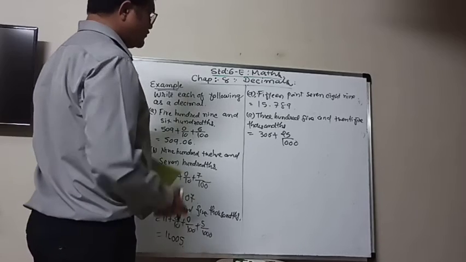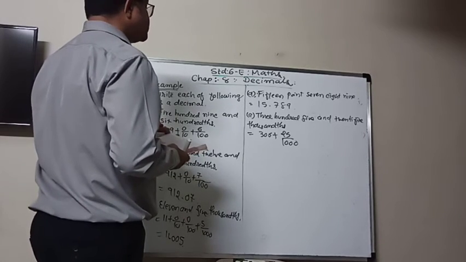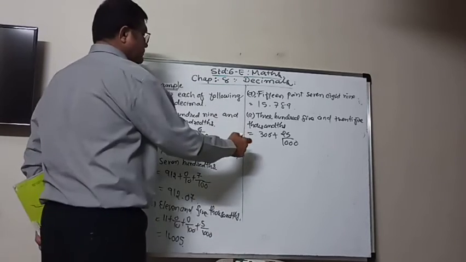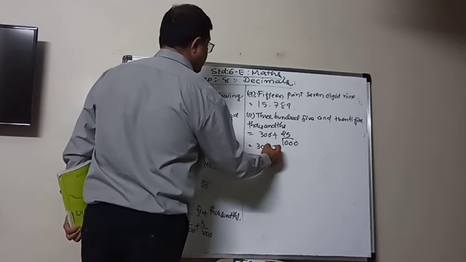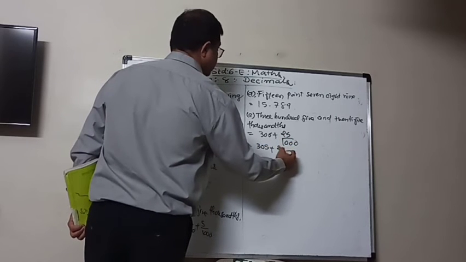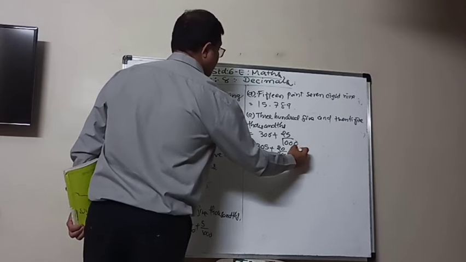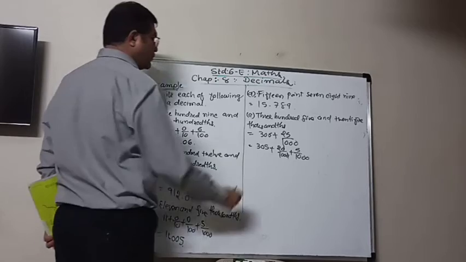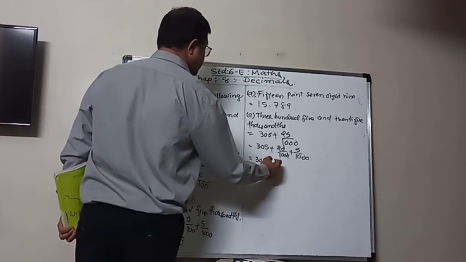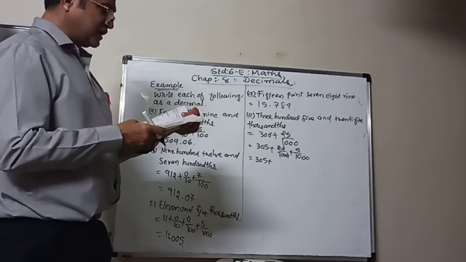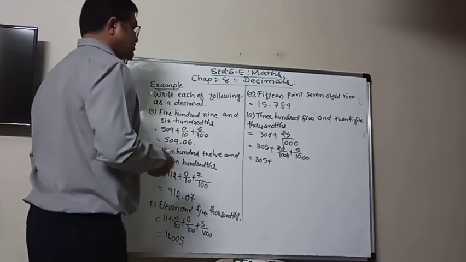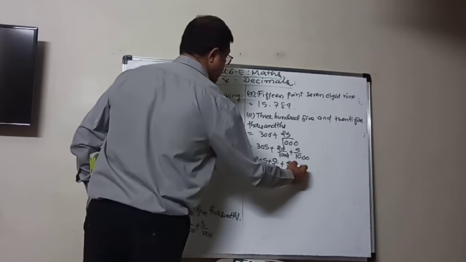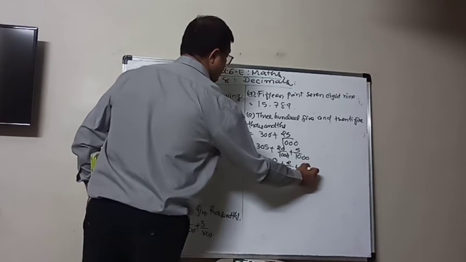So now here we can see that there is no place, but we can separate them: 305 plus 20 upon 1000 plus 5 upon 1000. 20 upon 1000 will be 2 upon 100. So that is 305. But now there is no tenths place. So 0 upon 10 plus 2 upon 100 plus 5 upon 1000.